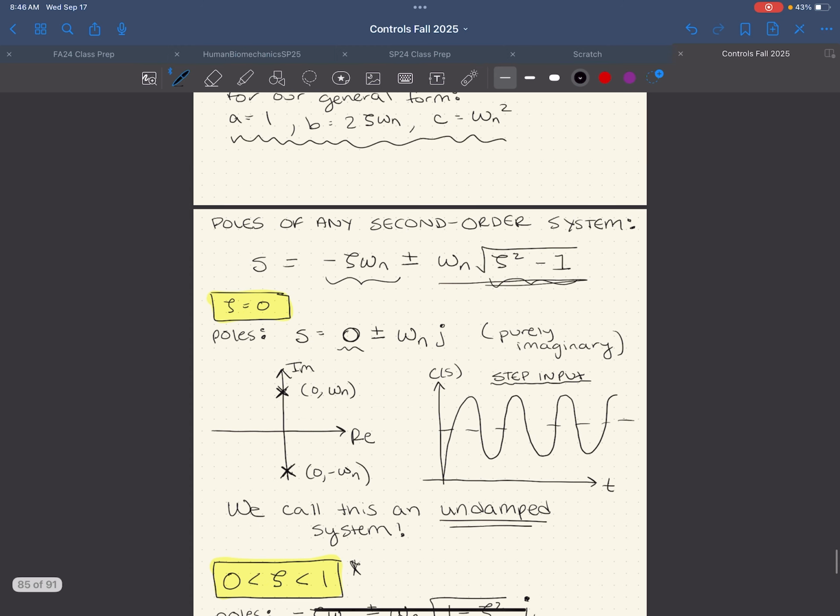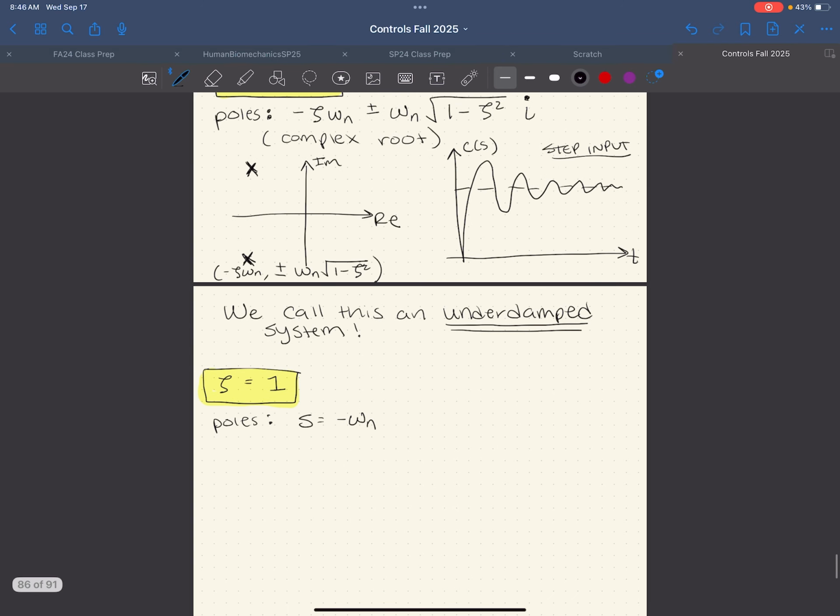We end up with 1 minus 1 is 0, which means that the square root of 0 is also 0, which means we're multiplying omega n by 0. So this entire term on the right-hand side just goes away. So we have no imaginary part. And this is actually a plus or a minus. So we're going to get what we call a purely real root or pole.